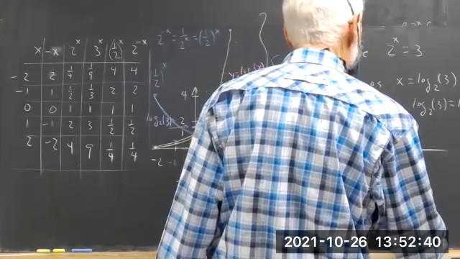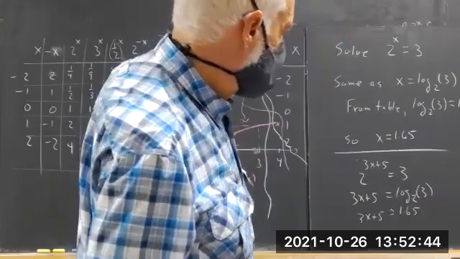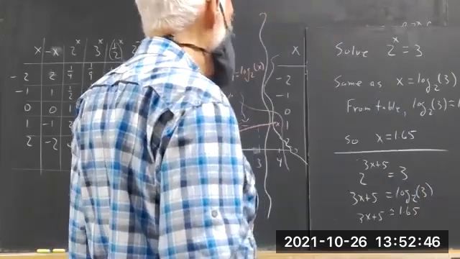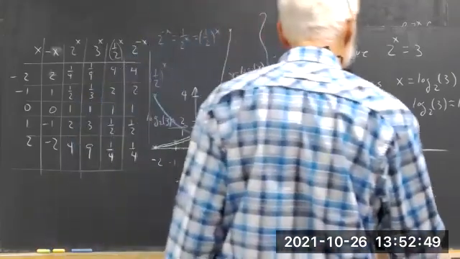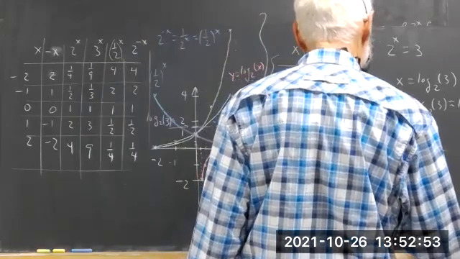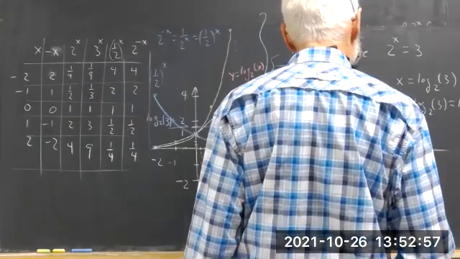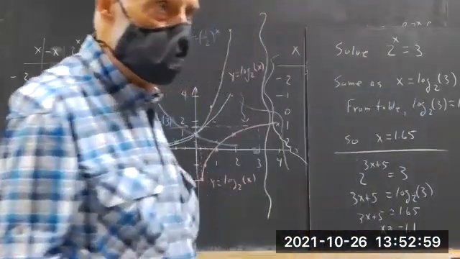That's approximately 1.65. So 3x is negative 3.35, so x is about negative 1.1.